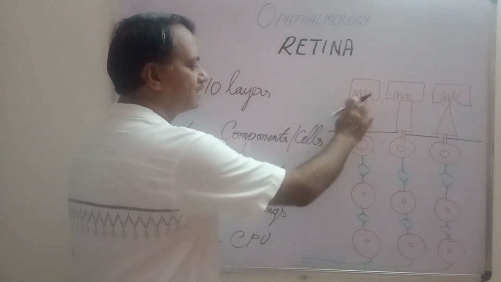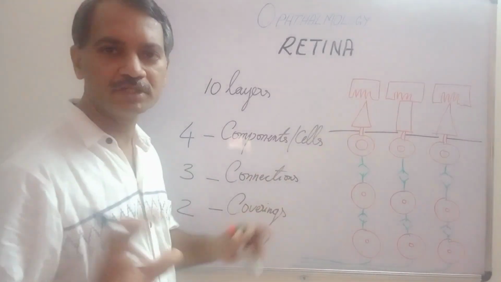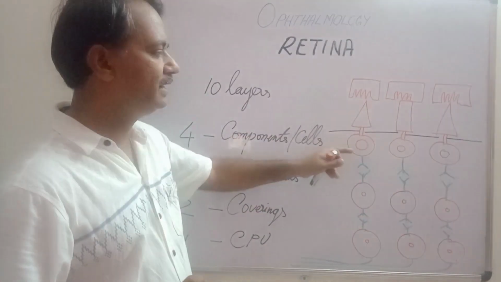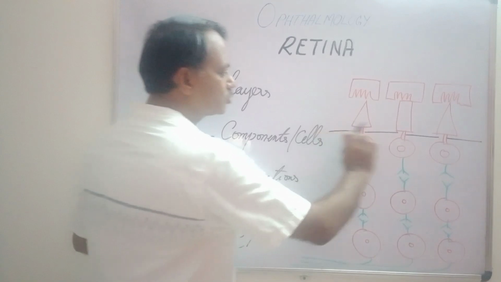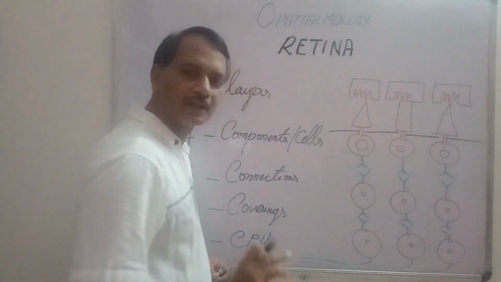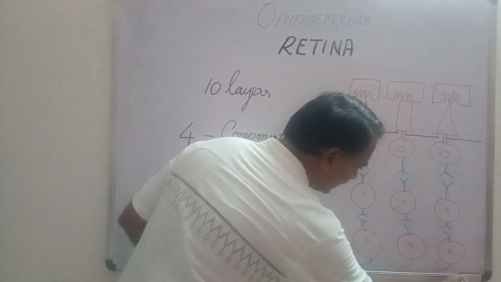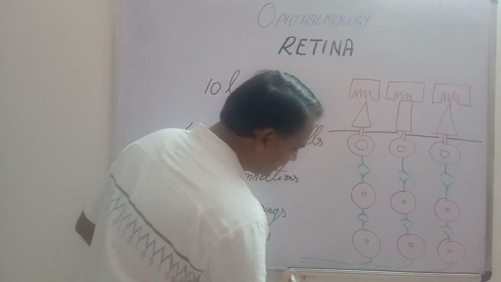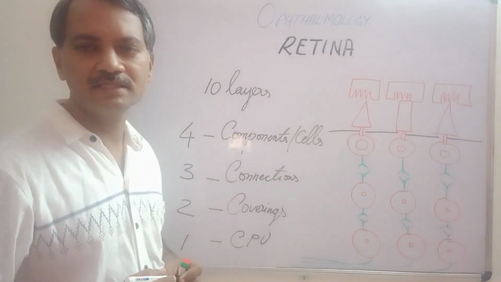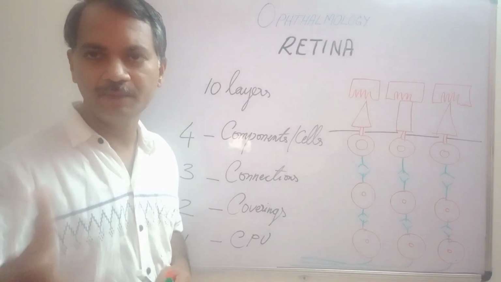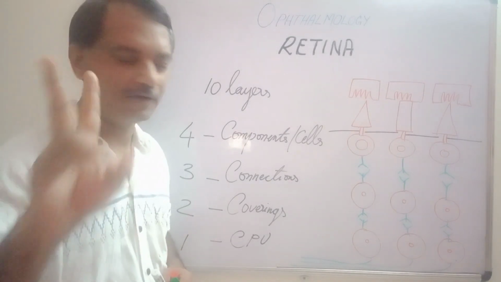You see that the rods and cones are having 2 portions, outer portion and inner portion. So it passes through the center of this. That is the external limiting membrane. I am going to draw another line here, inner to the nerve fiber layer. That is the internal limiting membrane. So there are 2 coverings.